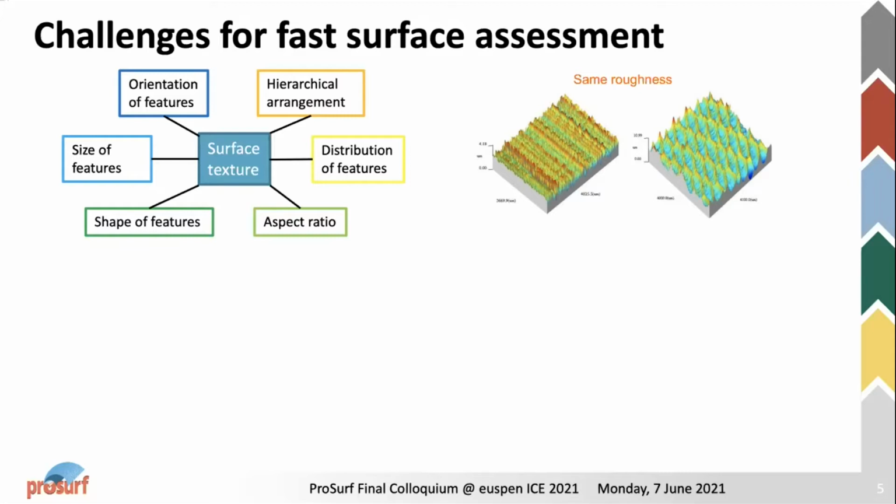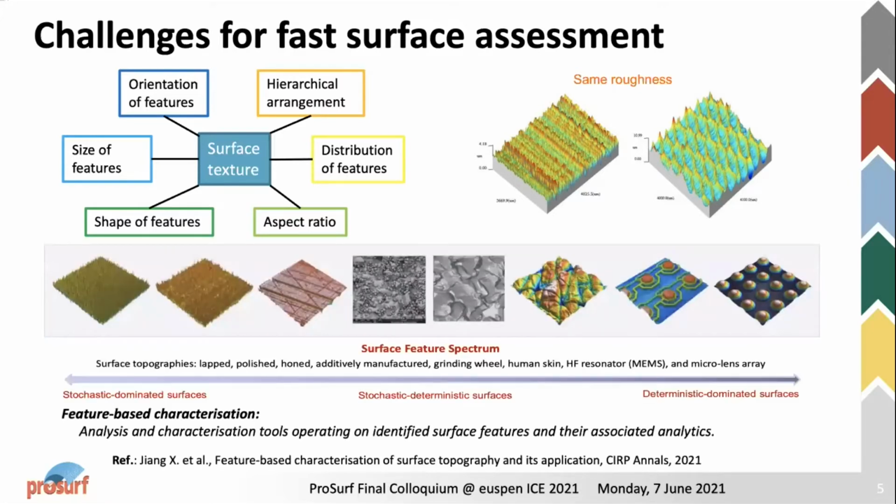A typical example here is surface roughness. Surfaces that have the same value of surface roughness might differ in their surface features, and thus result in different surface functionalities. In this project, a surface feature spectrum was proposed, and surfaces can be classified into stochastic dominant surfaces, deterministic dominant surfaces, and the surface features between them.